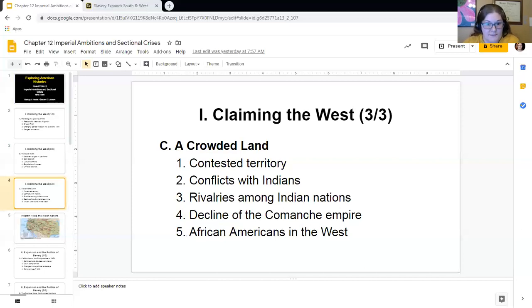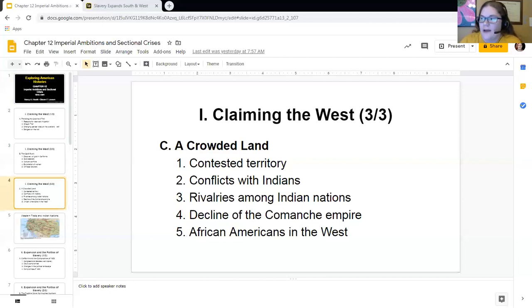Environmental changes, diseases from white settlers, and then intra-tribal conflict between various native groups sort of competing for power. All of these things take place between the 1840s and the 1850s, and this really kind of creates a perfect storm, if you will.